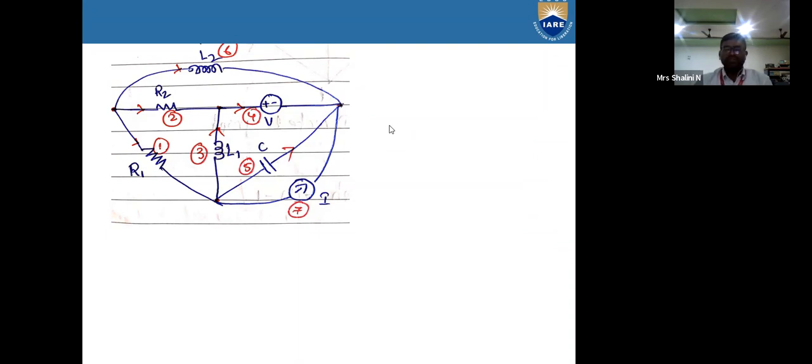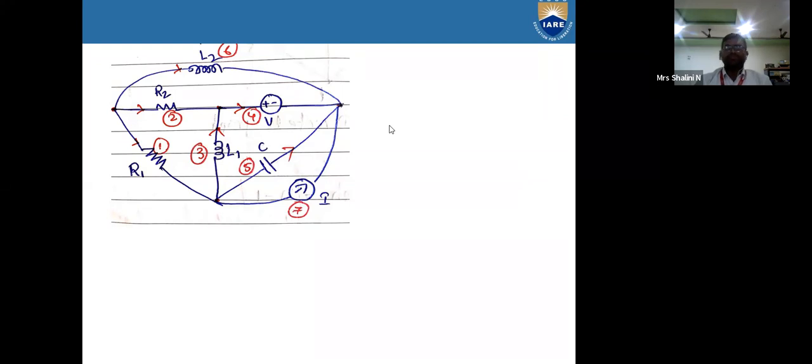When converting the electrical network into a graph, first you have to identify the elements, that is, the branch elements in the electrical circuit. After that you have to identify the nodes.